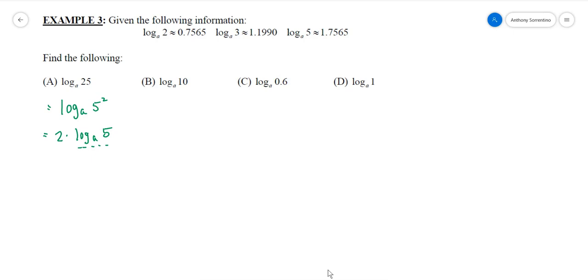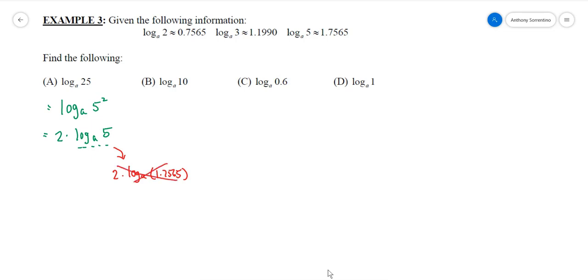Here's an issue that I see a lot of students have with this type of problem. They're used to substituting numbers into a logarithm, so I'll have students say, okay, this is equal to the log base a of 1.7565. That's not the case. I mean, 5 and 1.7565 are not the same number. The log base a of 5 is 1.7565.